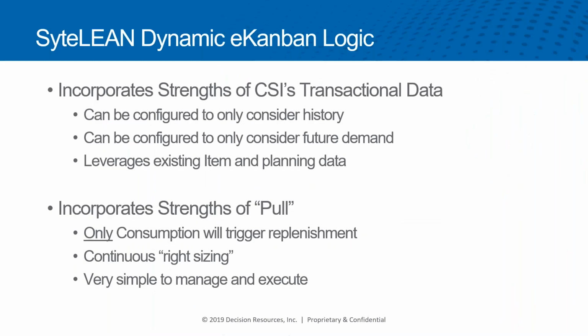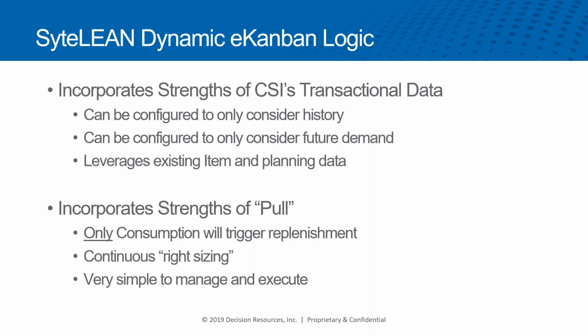Internally, I'm going to switch to that internal Kanban now. We're doing the same thing internally that we do externally. We can configure the system to incorporate both the historical usage and the predicted usage. Obviously, you don't have predicted usage for a location, so it's limited to historical, but system-wide, we can also consider future demand.